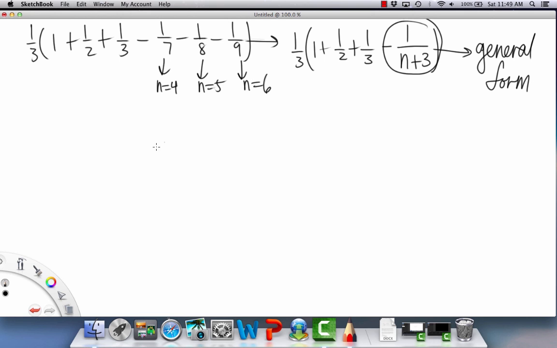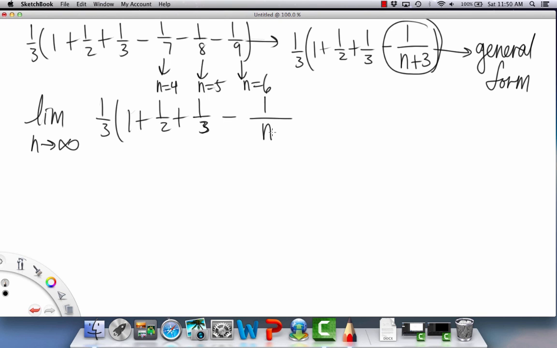Now we're just going to find the limit as n goes to infinity of this general form, which is now 1 over 3 times 1 plus 1 over 2 plus 1 over 3. And these ones don't have n's in them because they're going to remain constant and untouched as n goes to infinity. Then we have our minus 1 over n plus 3.